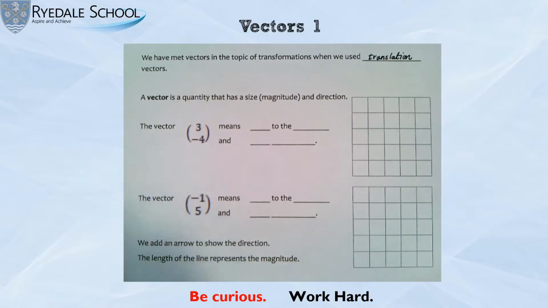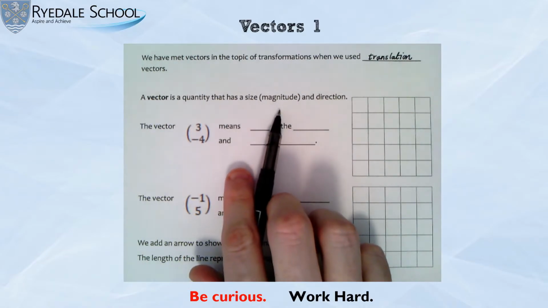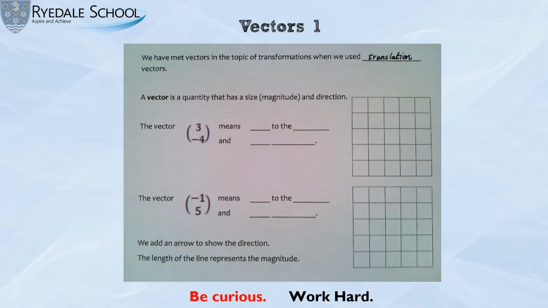Now, a vector is a quantity that has size, which is sometimes referred to as magnitude. And we use the word magnitude when we're describing earthquakes and how big an earthquake is. So that's a nice way of remembering that magnitude refers to the size. But a vector also has direction. You might have done a little bit of work on vector quantities and scalar quantities in science.